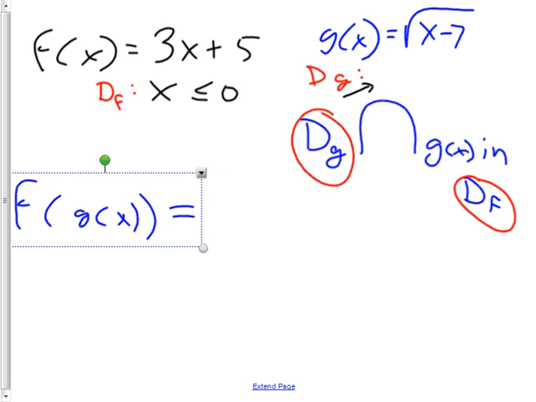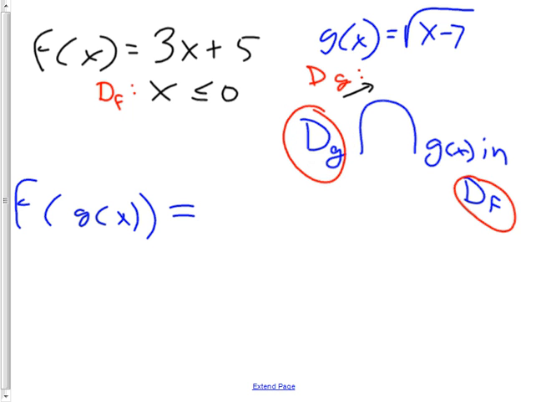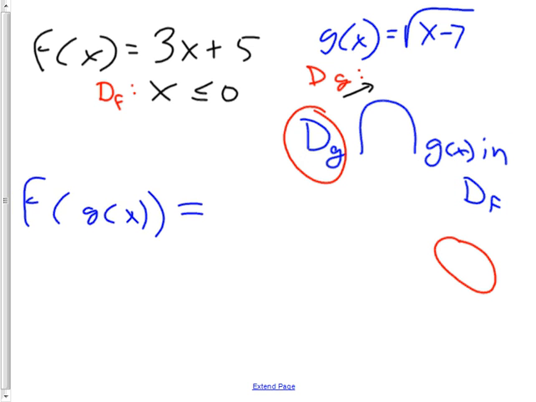That is a function. And then what is its domain? You'll find that domain by overlapping this with g of x in the domain of f. If you can't do this very last part, that's okay, I'll show you, but at least figure out f of g of x and start by figuring out domain of g, and you'll be halfway there, 3/4 of the way there. I'm going to pause for a second while you do that.